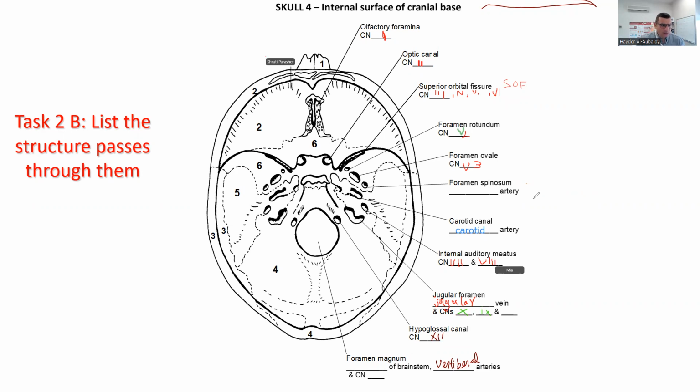A question about textbooks. Do you mainly recommend one, because there are many textbook links? The main two textbooks have been included in the introductory lecture. These are Clinically Oriented Anatomy by Moore and Clinical Neuroanatomy by Snell. Clinically Oriented Anatomy by Moore, we use frequently for head and neck anatomy.